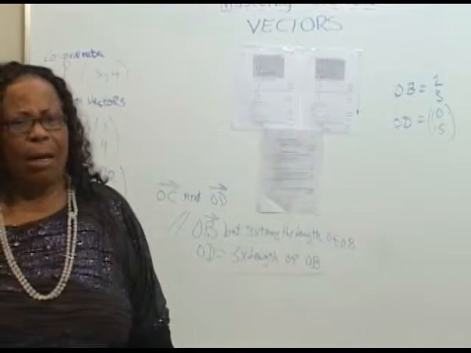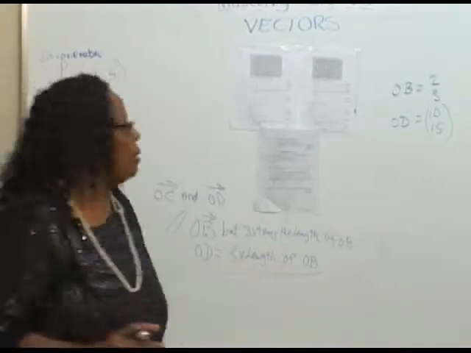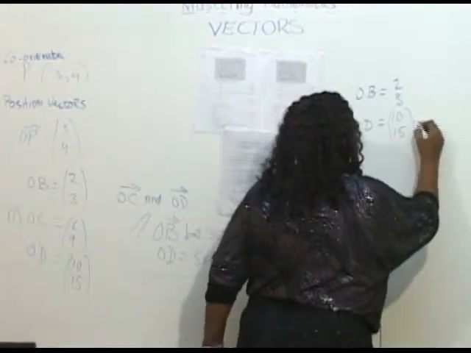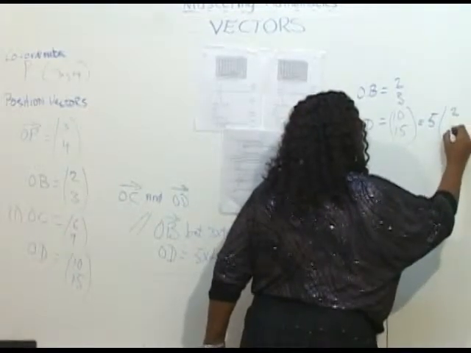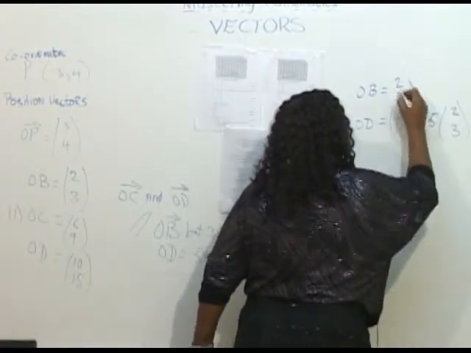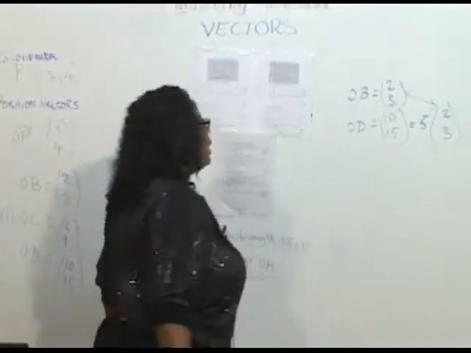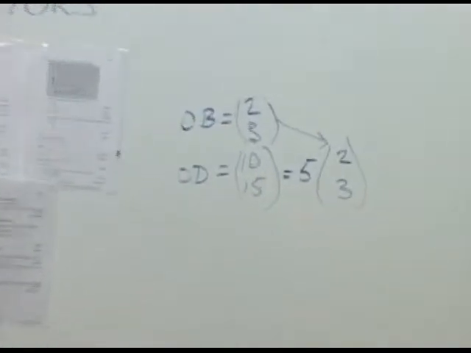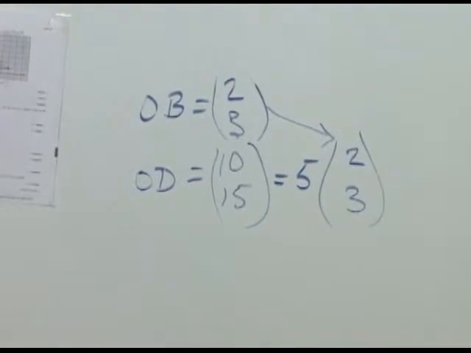Do they have anything in common? Yes, and we have a common factor of 5, so that we can take that out, and it is 5, and inside we are left with 2, 3. All right, and I want you to keep your eyes here, so that we can say that OD is equal to 5 times OB.